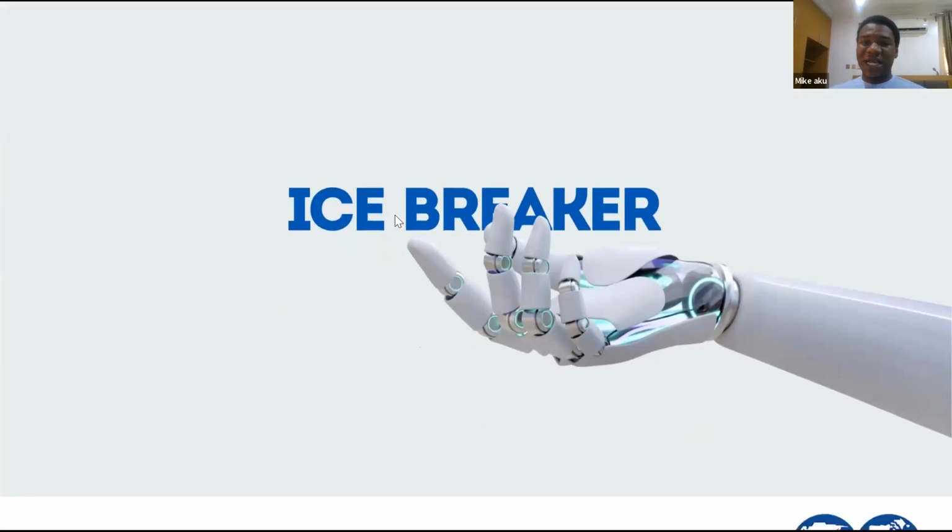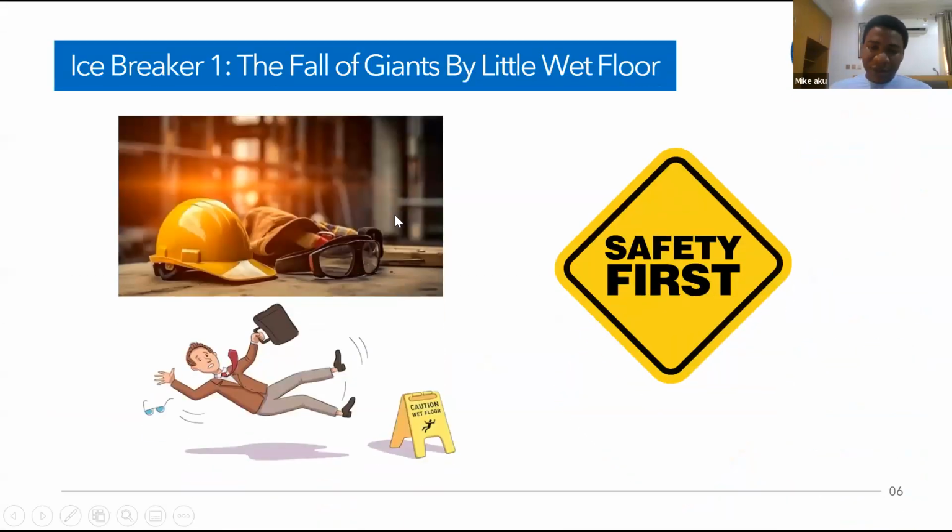So I'm going to start off with this icebreaker. When I join organizations, and pretty much in all organizations, safety is very paramount. And one of the most interesting things about safety is that there has to be a safety sign. So you have a lot of safety signs: keep left, sharp objects here, don't touch this.